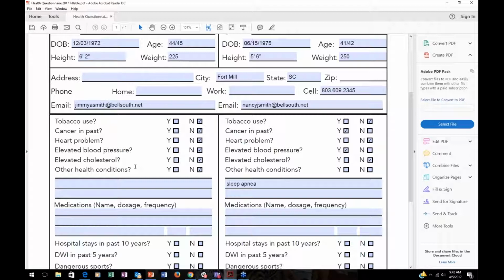I was working with an agent. Of course, she made the typical mistake, unfortunately, of rating a person preferred who failed to tell her that in one of his most recent doctor visits, his A1C was over 6. Well, he's going to be diabetic.